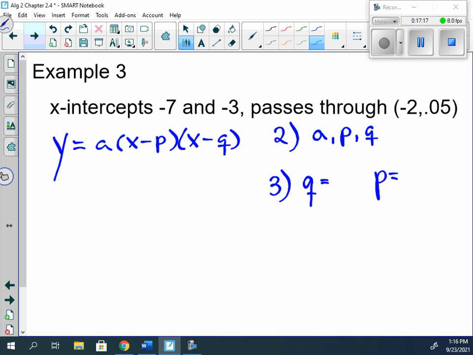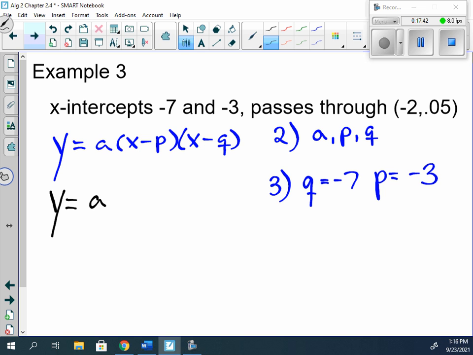Yeah. So I just need to pick a value for q and a value for p. Because unlike h and k, with p and q either one works. So we can plug those values in.